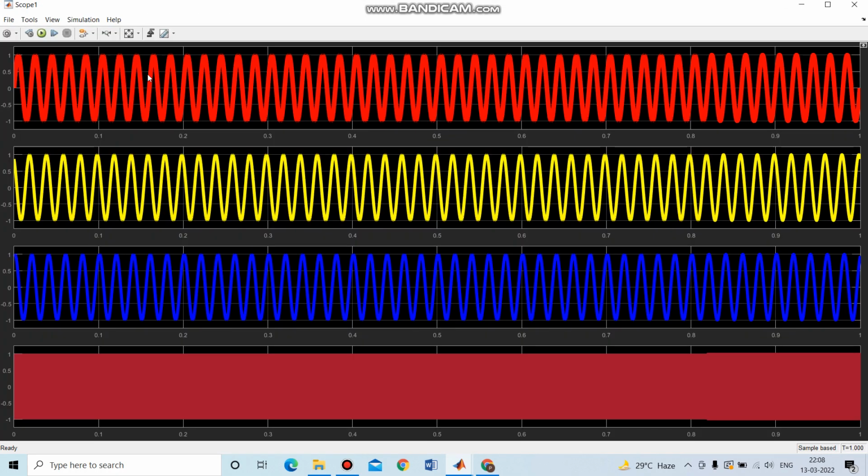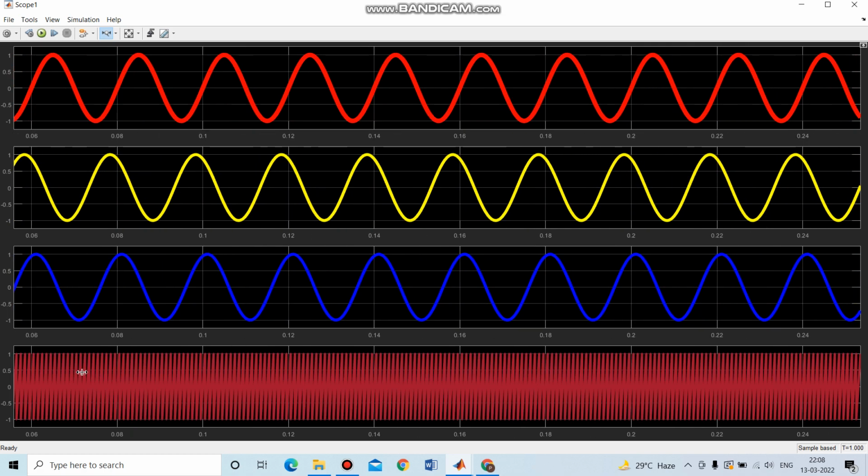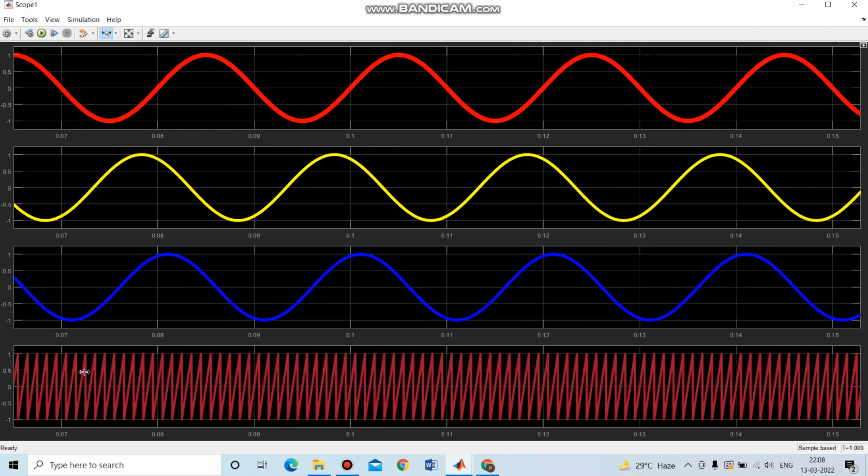Here we can clearly see your RYB with your sawtooth generator. This is your sawtooth generator. Here we can see your sawtooth generator pulses corresponding to your RYB phases.